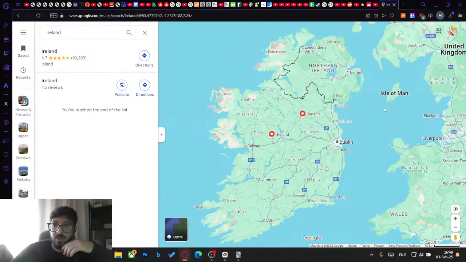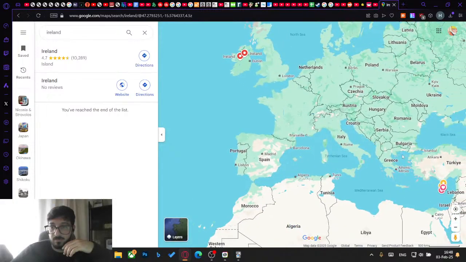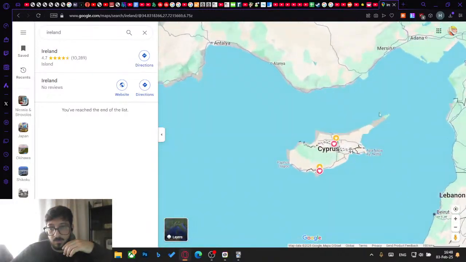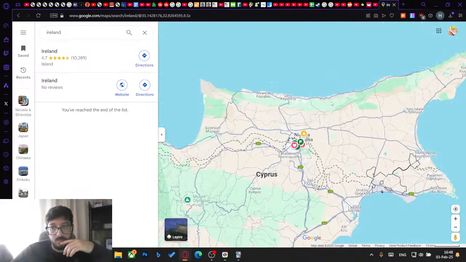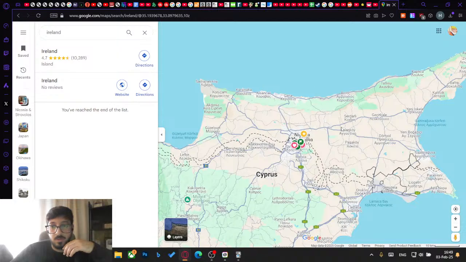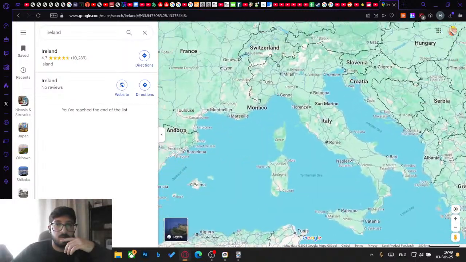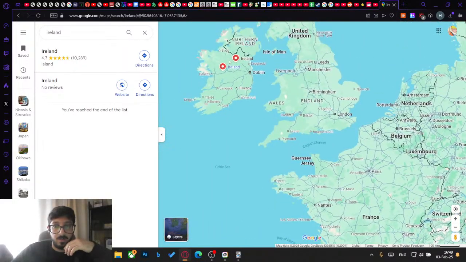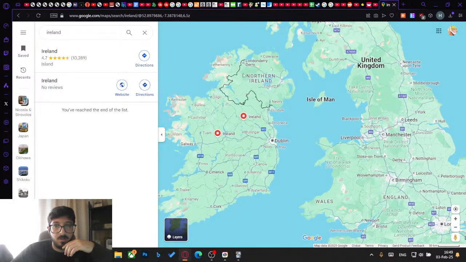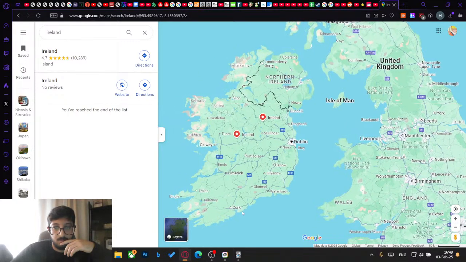So it is occupied. It's exactly the same as this one. It's not Northern Cyprus. It's the illegally occupied part. So the island of Ireland should be complete from Cork to Belfast.